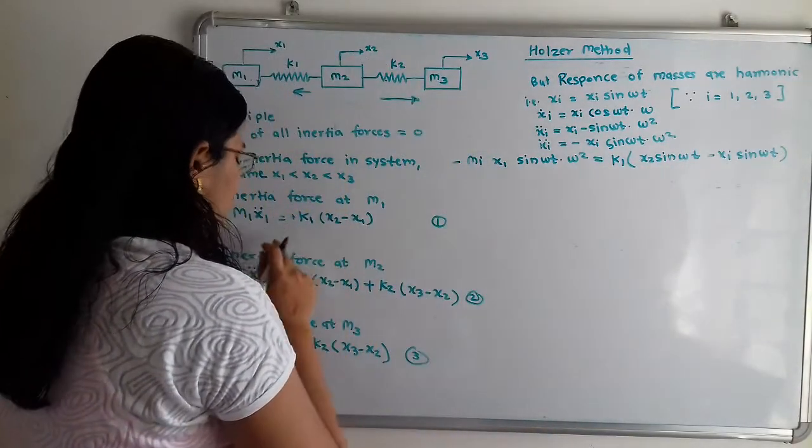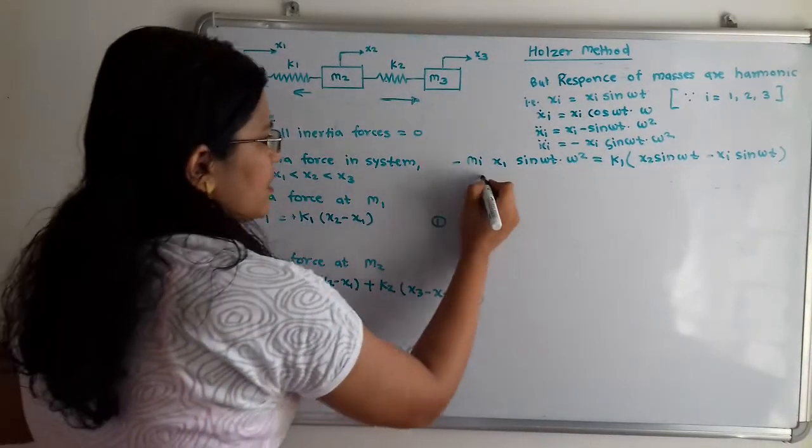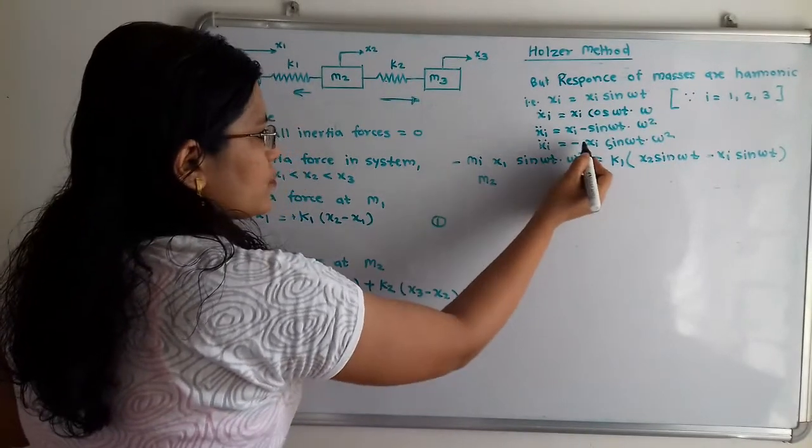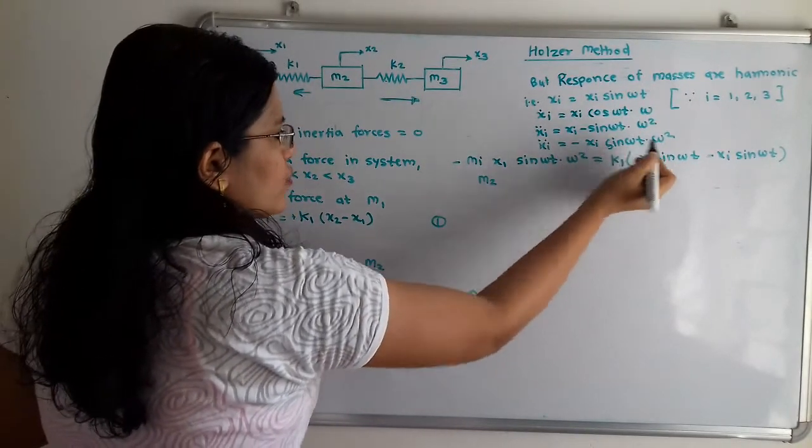Now again we will write the second equation, that is for m2. For m2 here is minus Xi sin omega t omega square.